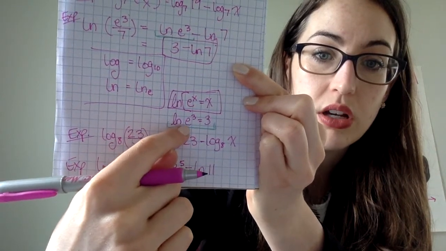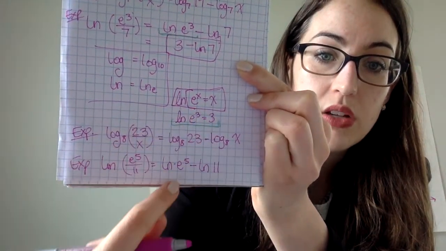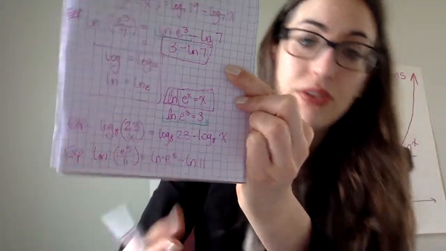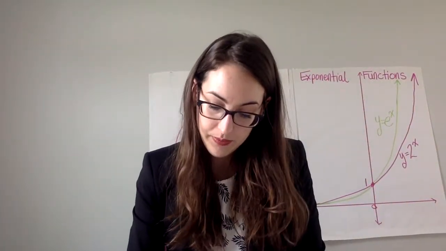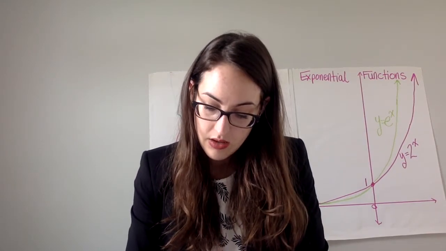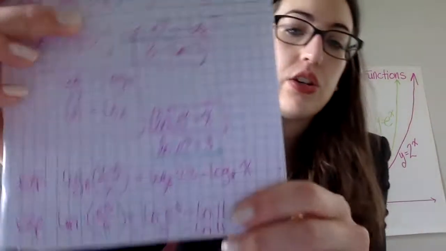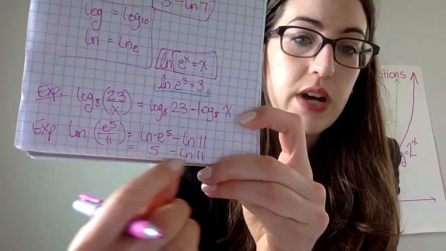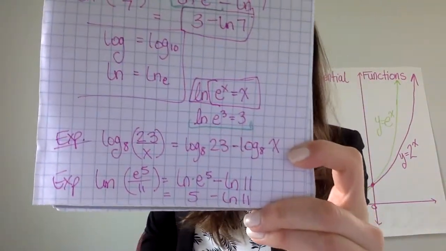Our example, natural log e cubed equals 3. So if we have natural log e to the 5th, it's going to equal 5. So replace that with a 5. And then we can't simplify natural log 11 right now. So it's just 5 minus natural log 11 is your final answer for that example.